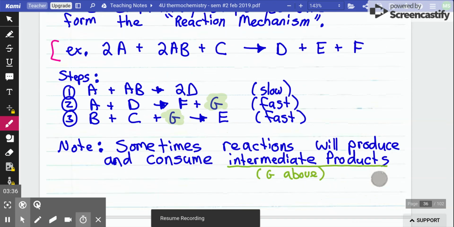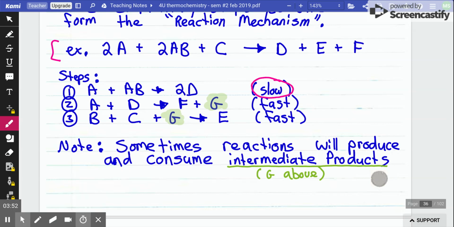The other thing to point out is that in every reaction mechanism, there is always one step that occurs with a much slower reaction rate than the others. So our elementary step 1 right here actually occurs very slowly. Because it is occurring slowly, it's the slowest step. This is the step that determines the overall rate of the reaction.